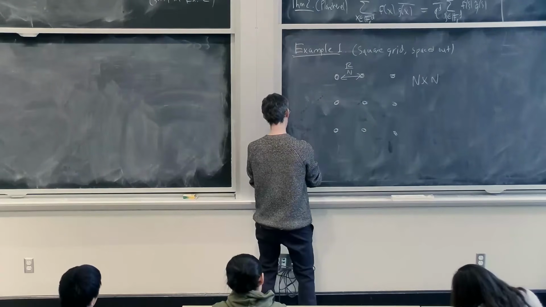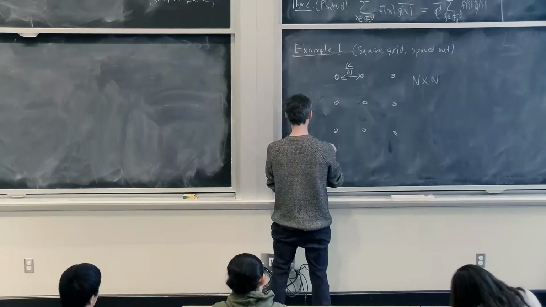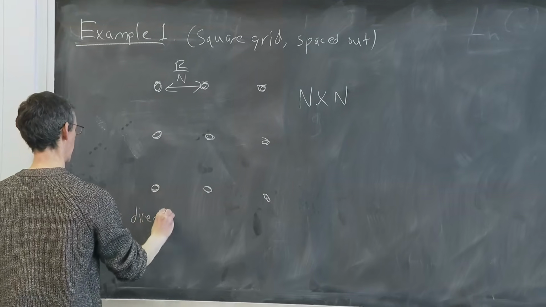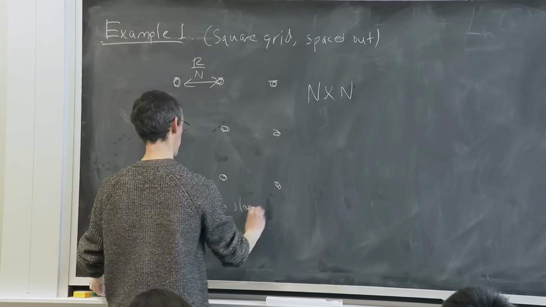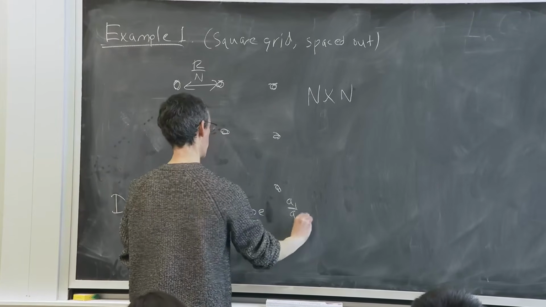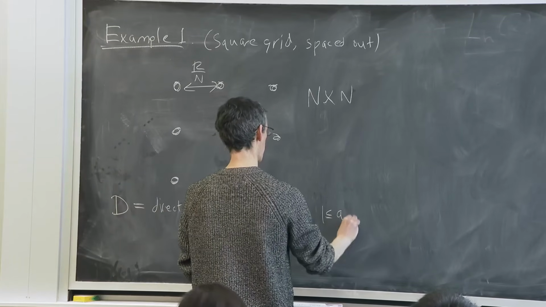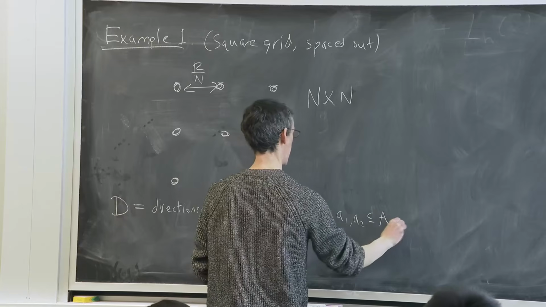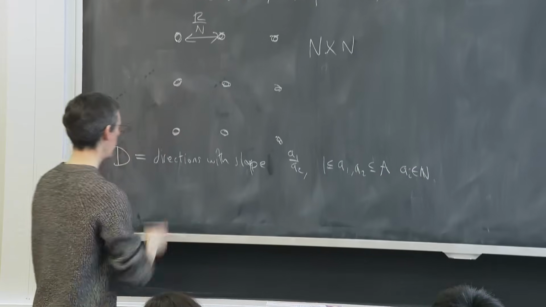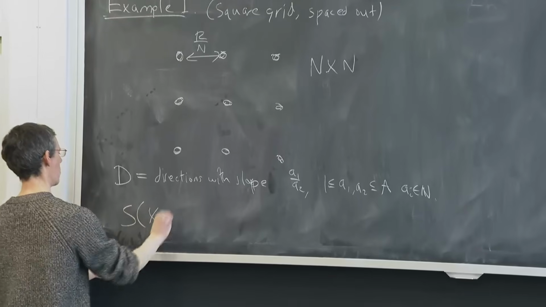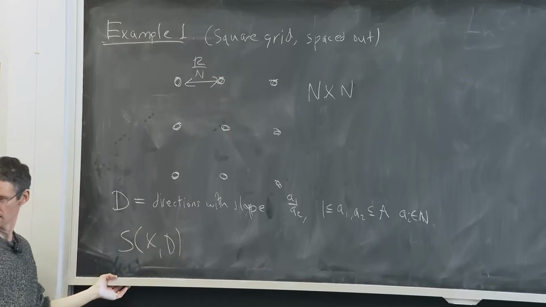OK, and D could be the same as before. It could be the directions with slope a1 over a2, where a1 and a2 are integers going from 1 up to A. OK, and if you compute how big the projection is, it's the same as before.